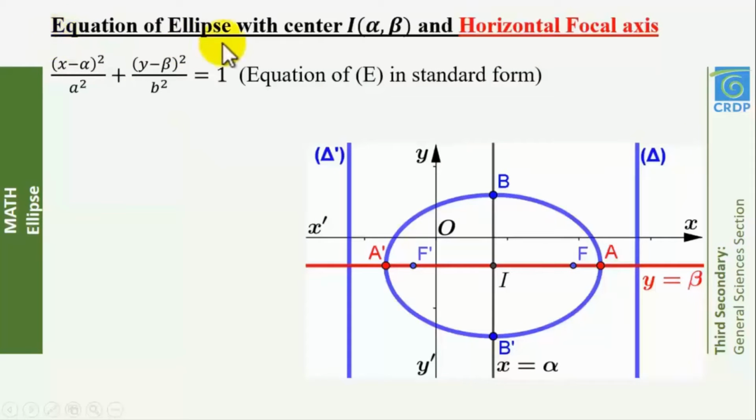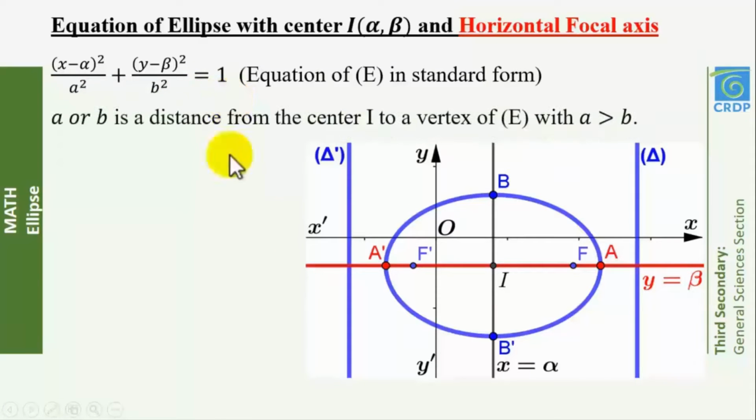An equation of ellipse with center I (alpha, beta) and horizontal focal axis in standard form is (x minus alpha) squared over a squared plus (y minus beta) squared over b squared equal to 1. a is the distance from I to one of the principal vertices A or A prime, and b is the distance from I to one of the secondary vertices B or B prime.